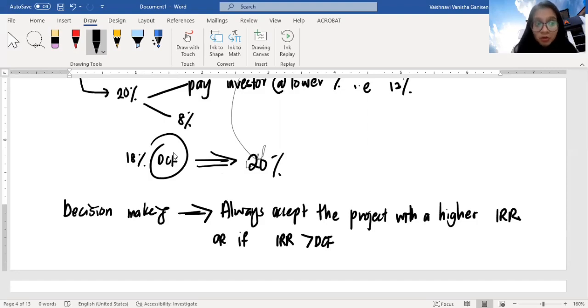So in order for the project to be beneficial, your return has to exceed cost. Okay, are you all okay?